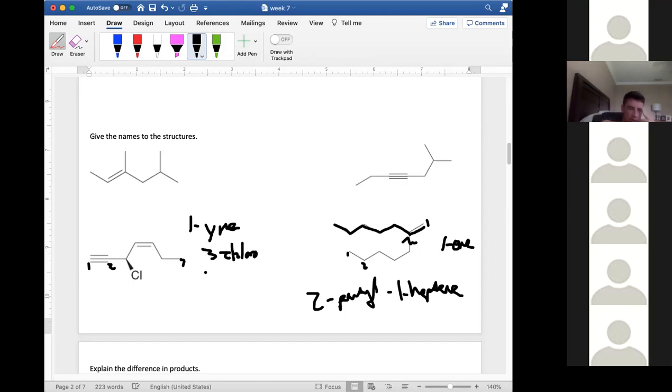We have a double bond on our fourth. Right? And if we were to put that all together, you would get 3-chloro-4-hept-4-hept-ene, again, because you have to say that there's a double bond on the fourth, so hept-4-en-1-yne.